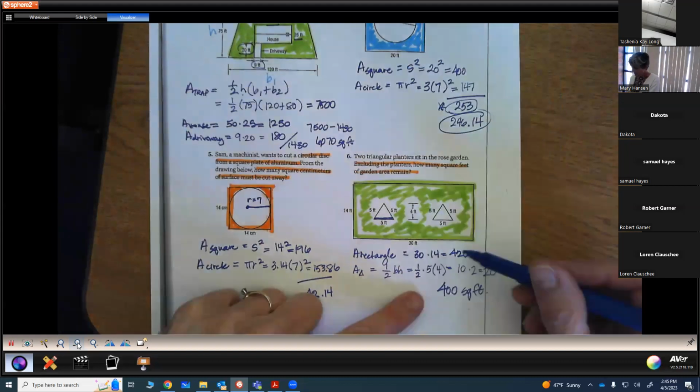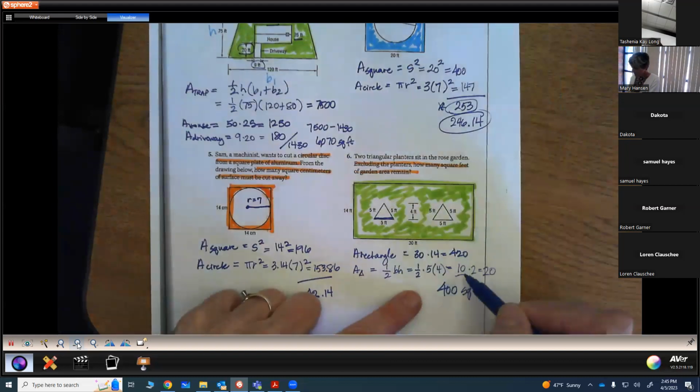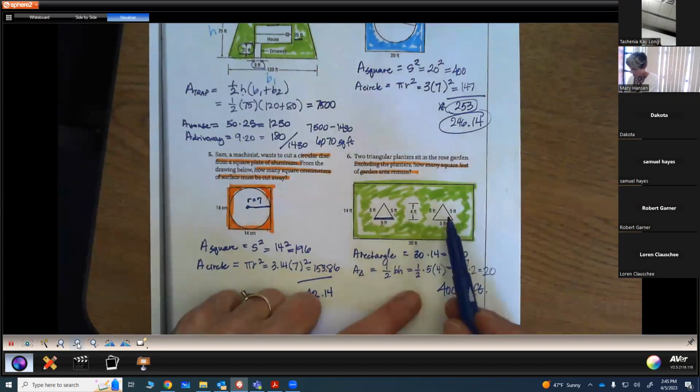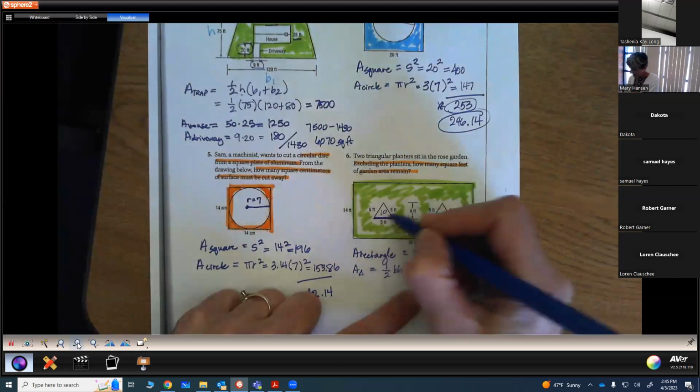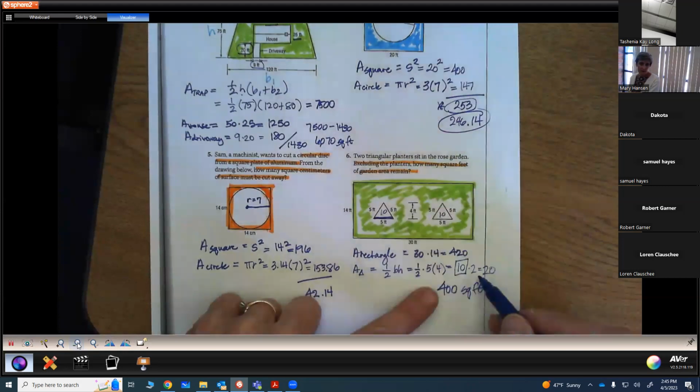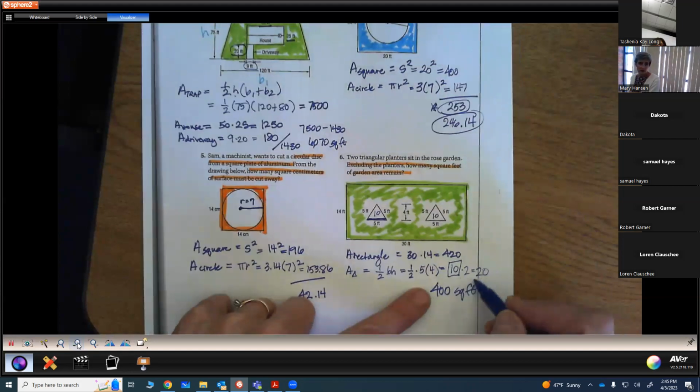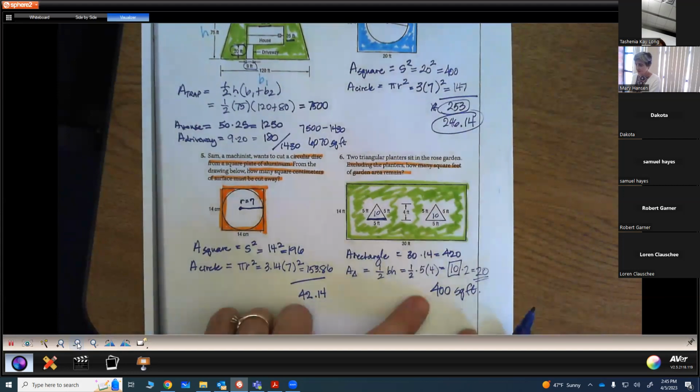Okay, so the area of one of these triangle planters is 10, but there's 2 planters. Oh, okay. So this one is 10 and this one is 10. So then I just multiplied 10 by 2 to get 20. That's the total of the 2 planters together. All right, cool. Thanks for explaining that. No worries. Then I subtracted those to get back to 400.